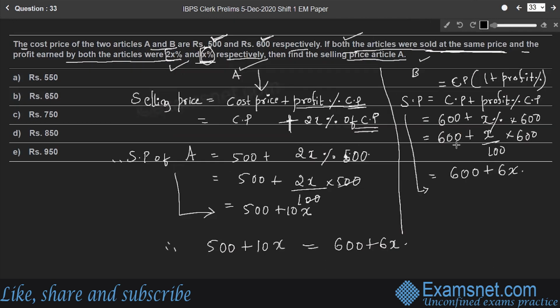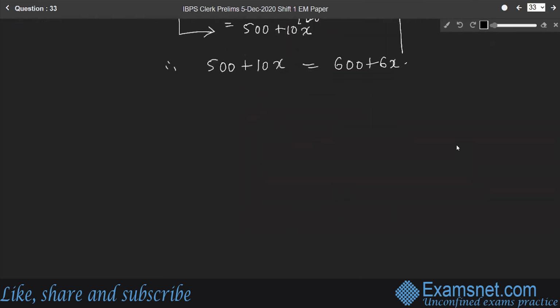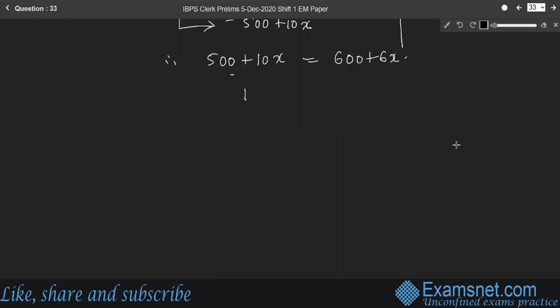Here two articles were sold at the same price and their respective cost price and profit percentages are given, right? So here, let us simplify it. 10x minus 6x is equal to 600 minus 500, which is 100. Therefore, 4x is 100, x is 25.